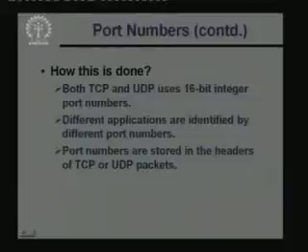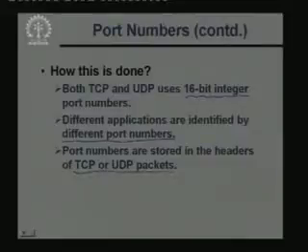Both TCP and UDP use these 16-bit integers to represent port numbers, and applications are uniquely identified by different values of the port numbers. The TCP or UDP packets have the port numbers stored in their headers, so that the packets can be delivered to the correct application.